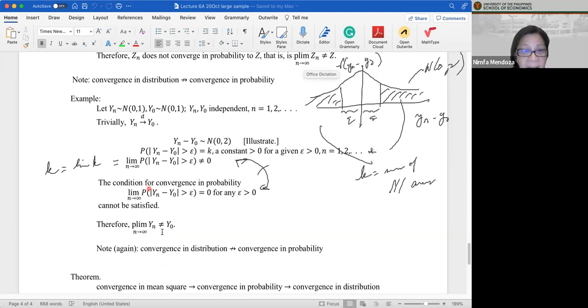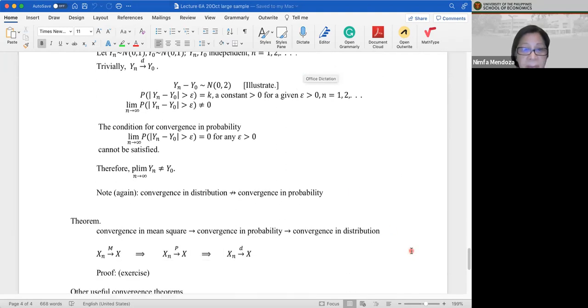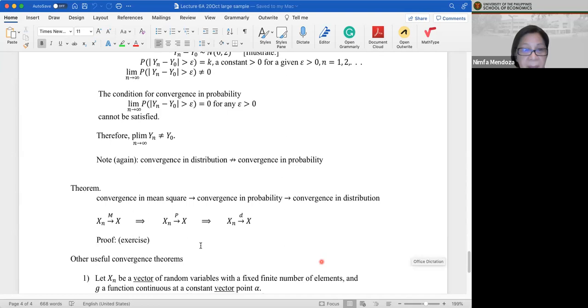Again, this is an illustration that convergence in distribution does not imply convergence in probability. So we have this theorem: convergence in mean square implies convergence in probability, which implies convergence in distribution.